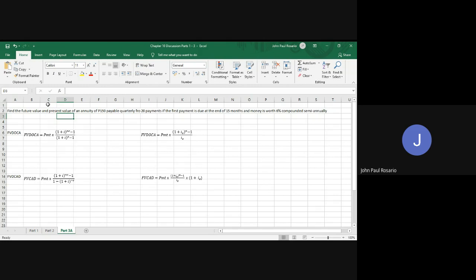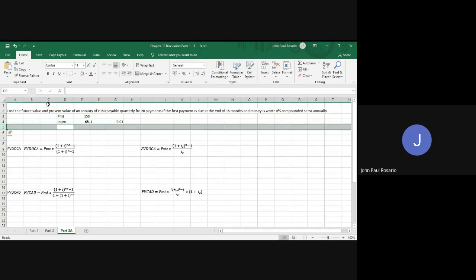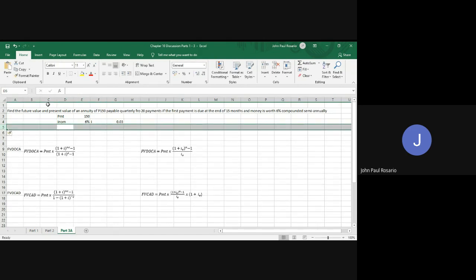For payment, our payment is 150 pesos. Our I norm is 6%, which means our I here is 6% divided by 2 because it is compounded semi-annually.